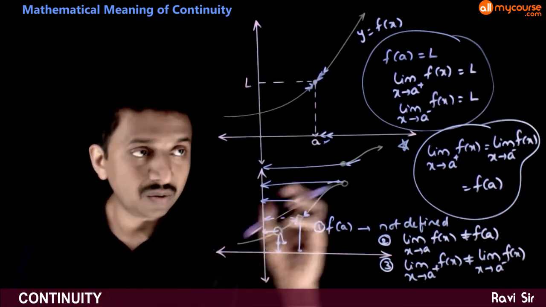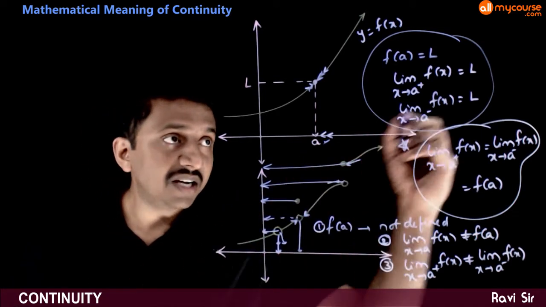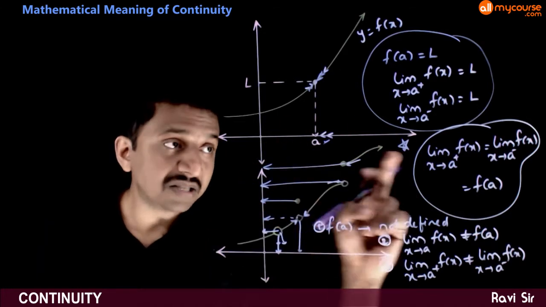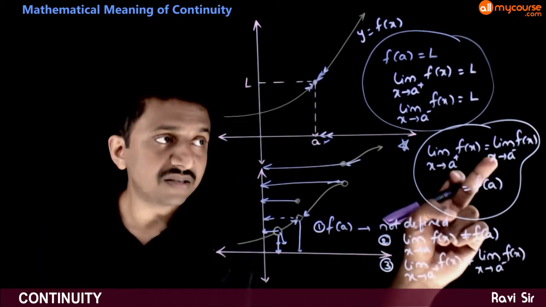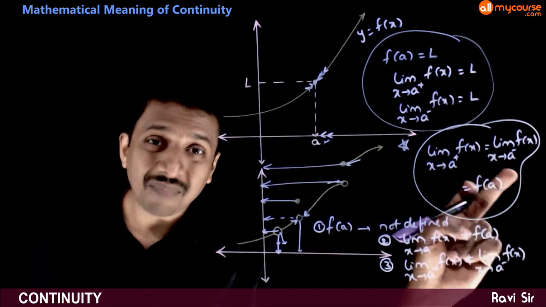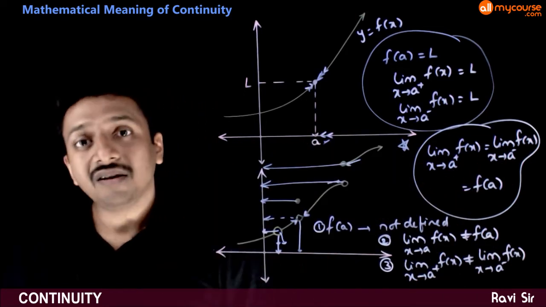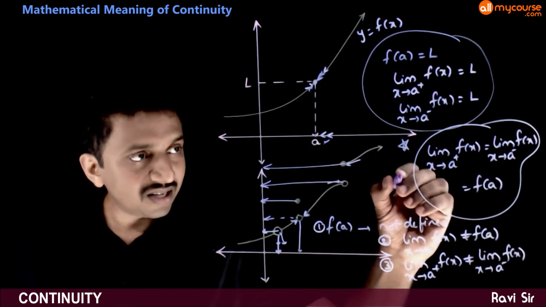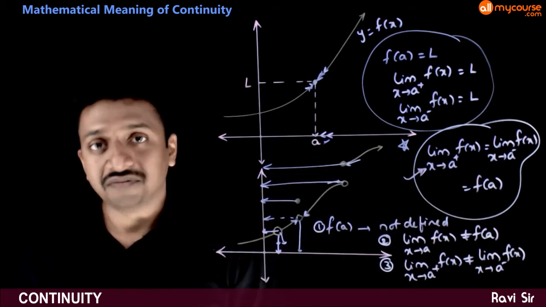Right? If the function has to be continuous, limit x tends to a plus f of x should be equal to limit x tends to a minus f of x, which should be equal to the functional value. This is the most important condition of this chapter.